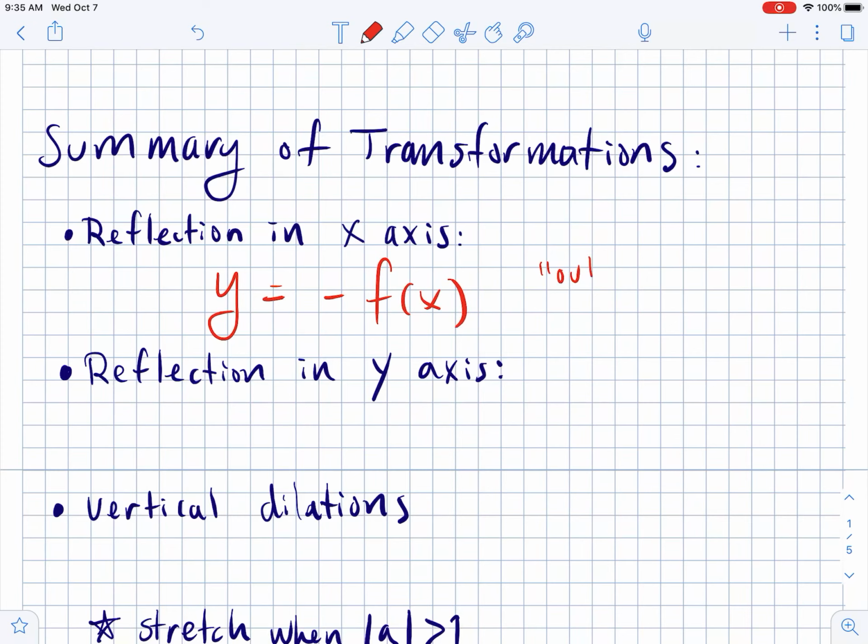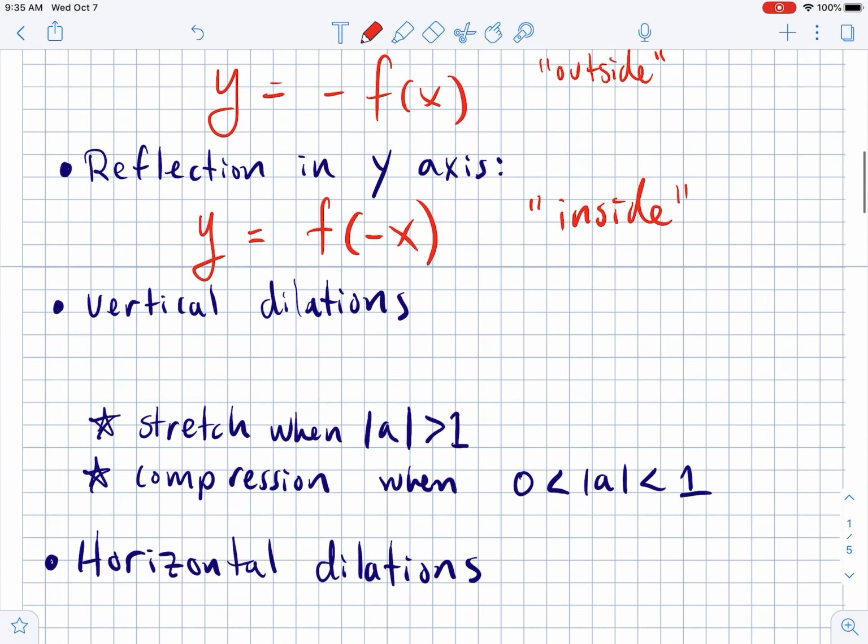Please notice this is a negative outside the function, and it turns it upside down, so it flips over the x-axis. So it's like a vertical flip. Now, a reflection in the y-axis is like a left-right flip and would be a negative inside the function. So that's a horizontal flip.